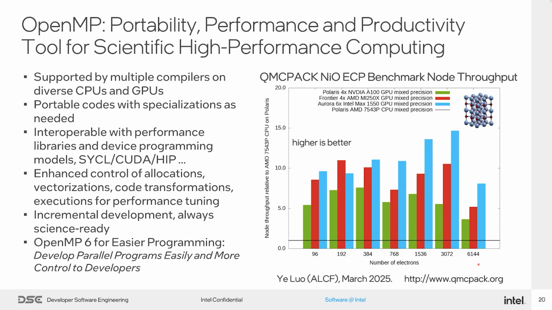The advantage of OpenMP is clear. For a lot of kernels, even performance critical ones, we found there's not much difference in performance compared to writing them in vendor native models, and writing them in OpenMP saves us a lot of time.